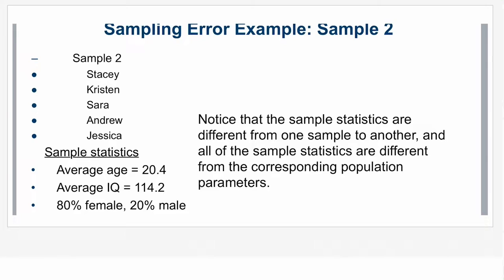And then again, female male breakdown is way different because the population is 56% female and 44% male. So the idea here is for you to notice that the sample statistics are different from one sample to another and definitely different than the population parameters. And so there's always going to be that sampling error.